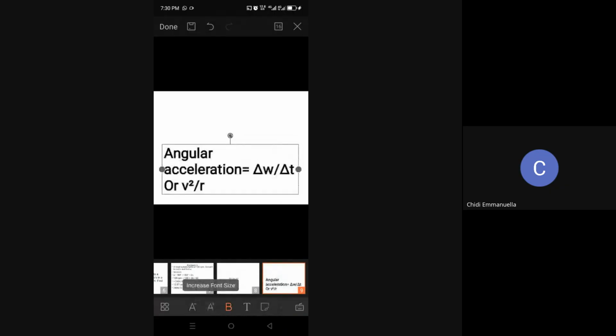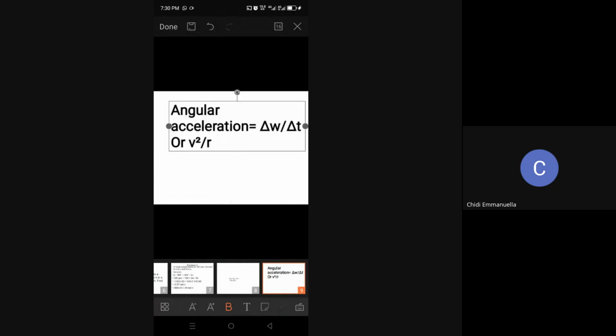Please don't forget this. Before you use this second formula, v square over r, you discover that it is linear velocity that you are given in the question, not angular velocity. A linear velocity in the question.